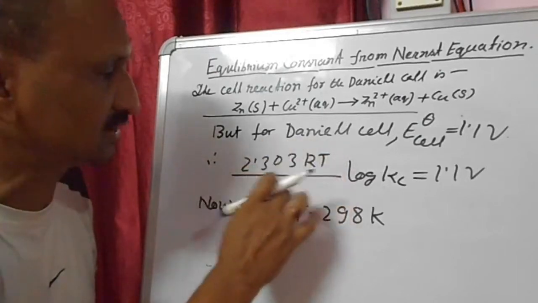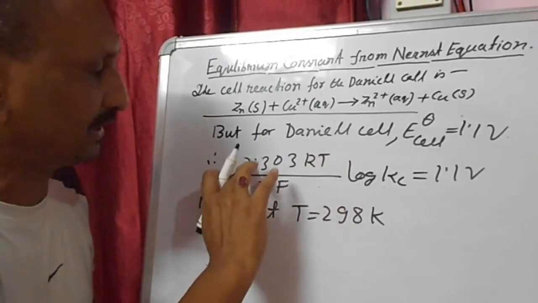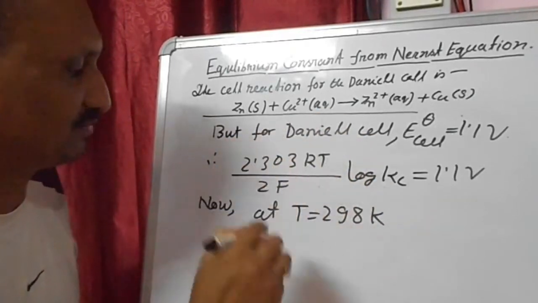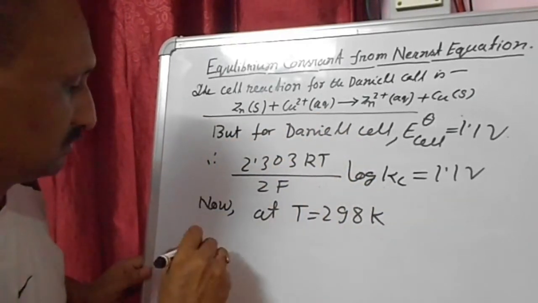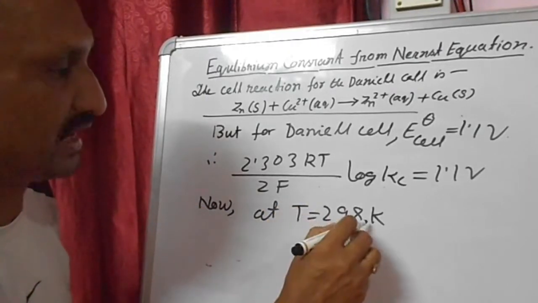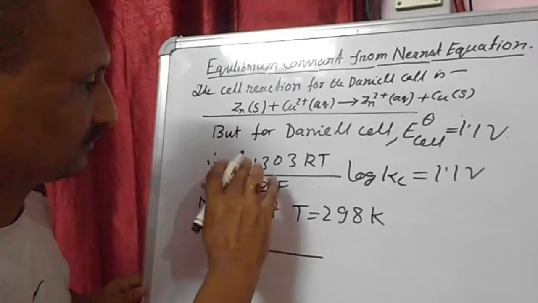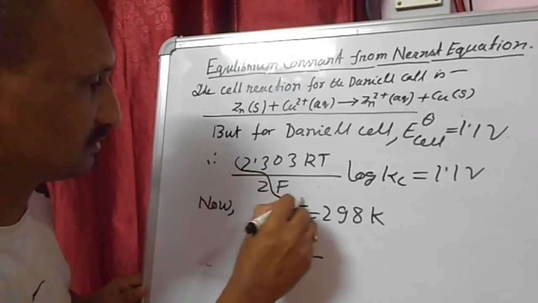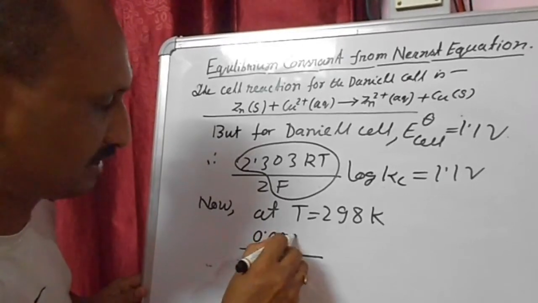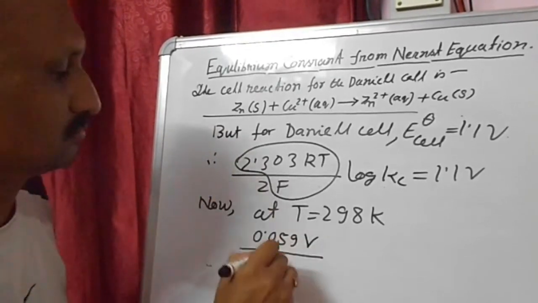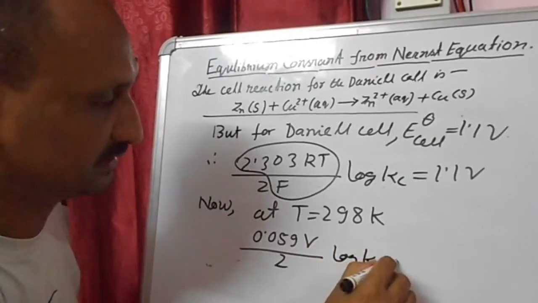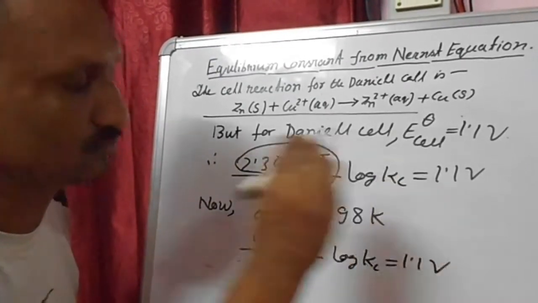If you put all these values and multiply by 2.303, that comes out to 0.059 volt. That means at T equal to 298 Kelvin, this as a whole comes out as 0.059 volt by 2 log of Kc equal to 1.1 volt.